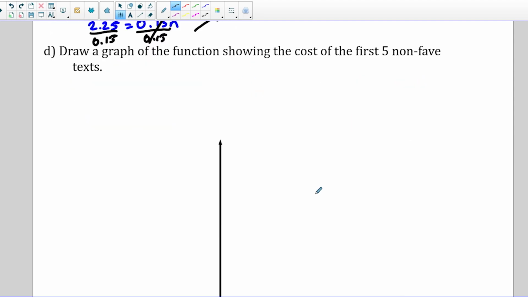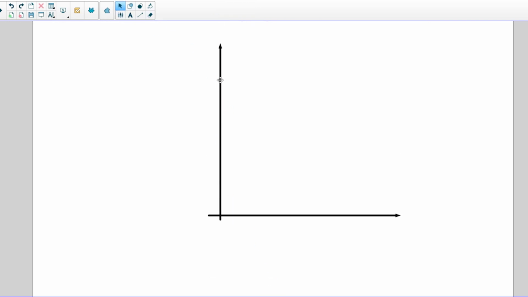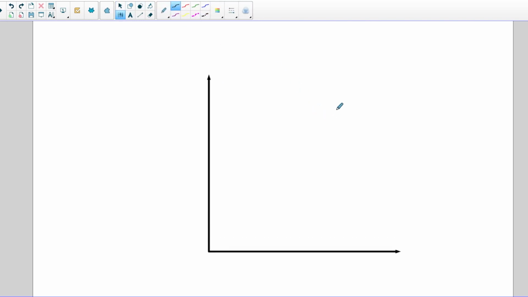So in this last part here, we're going to draw a graph of the function showing the cost of the first 5 non-fave texts. So I have your X and Y axis here. We're going to go ahead and straighten that out. And I'm going to give this a label. Let's call this the cost of texting. That's a really simple title, cost of texting.